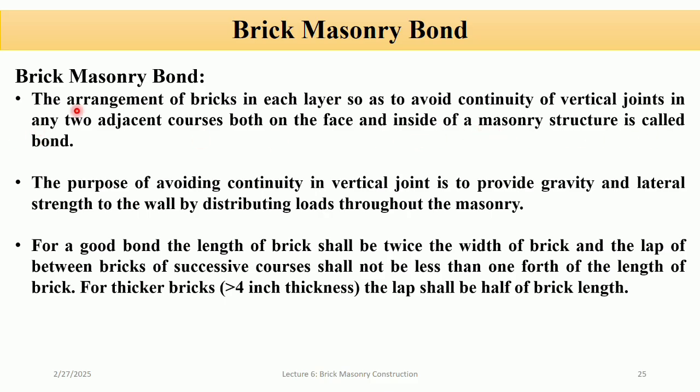The primary objects of providing bond are to break the continuity of the vertical joints in the successive courses and in the length and thickness of a masonry structure, to ensure longitudinal and lateral strength of the structure, to enable the structure to act as a bonded mass and distribute the load uniformly, to provide a pleasing appearance by laying bricks systematically, and to do masonry work quickly by engaging more masons on the job at a time.